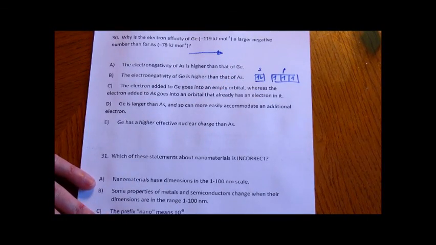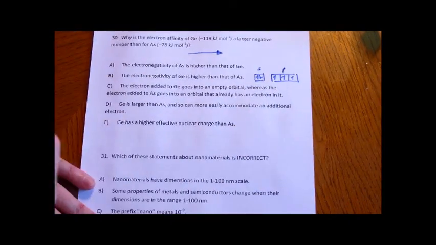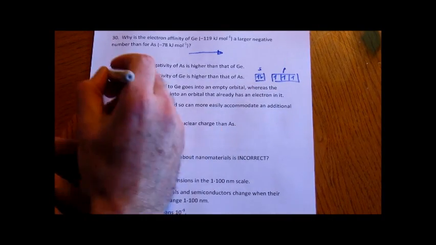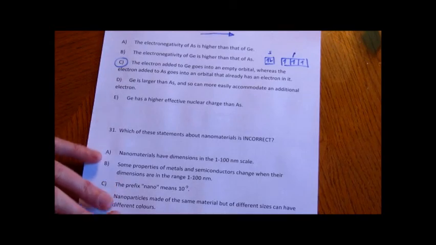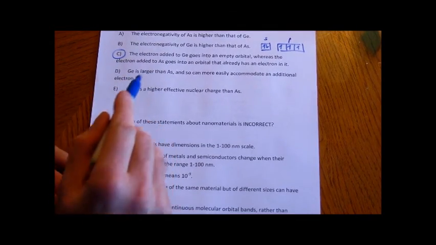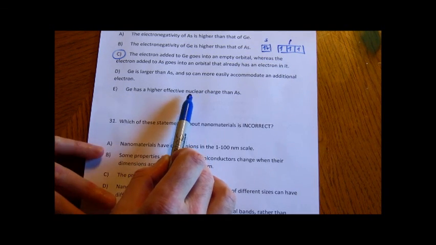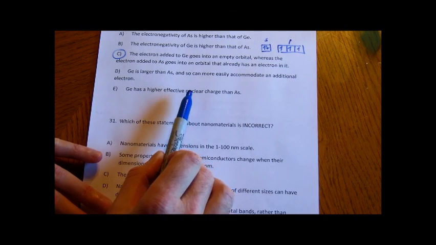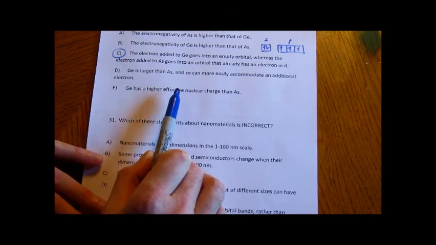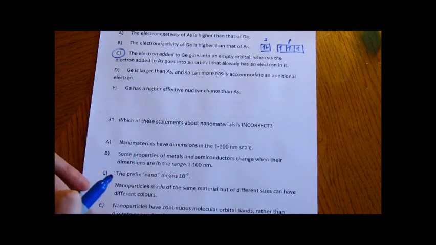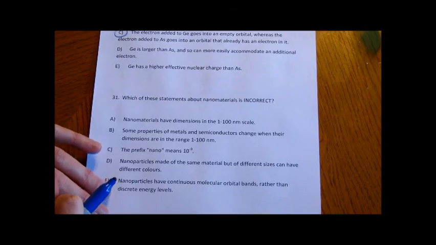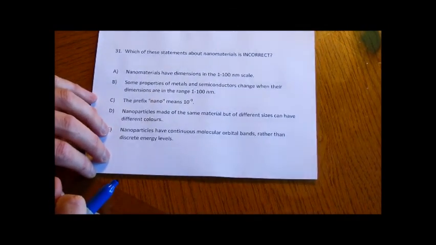And so when you try to put an extra electron in, you have to pair it up, and that's unfavorable, so that makes it a little bit lower. So C is the correct answer here. So size is not relevant in this case. And the effective nuclear charge, again, that's not actually true, because arsenic is further to the right hand side than germanium in the same row, so you'd expect arsenic to have a higher effective nuclear charge.